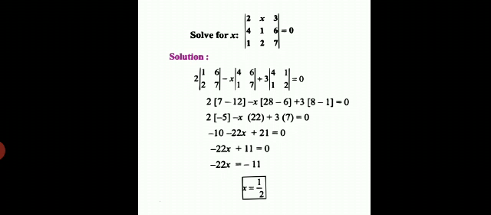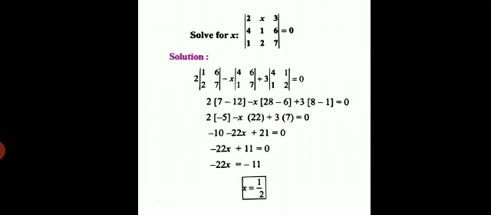Minus of x, the signs will change. Plus 2 minus x plus 3. So write them first. Then eliminate the first row, second column.